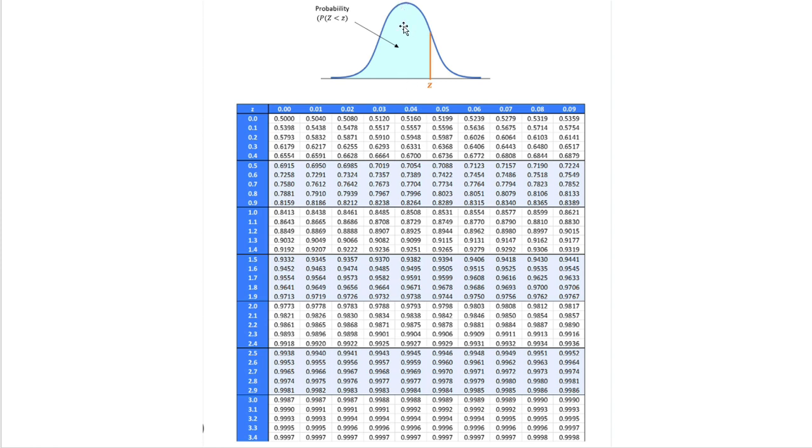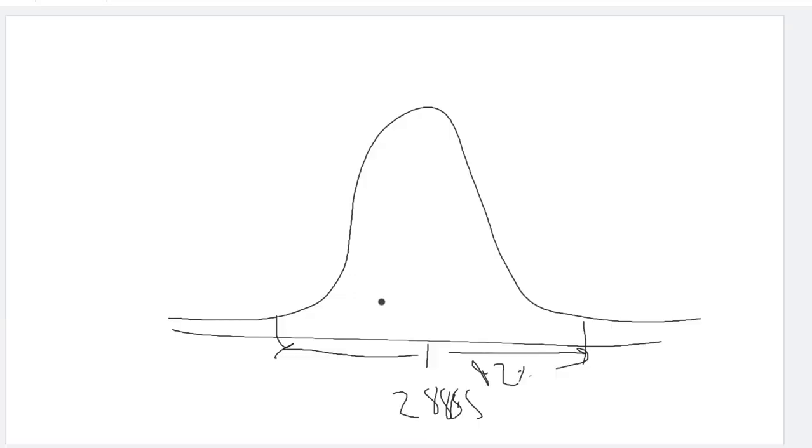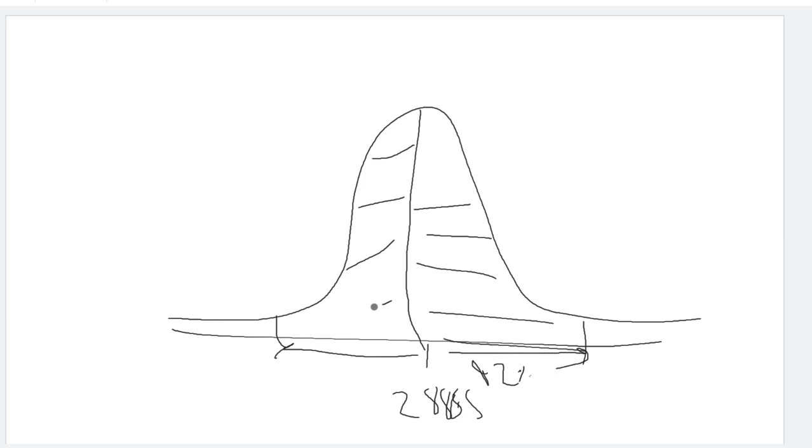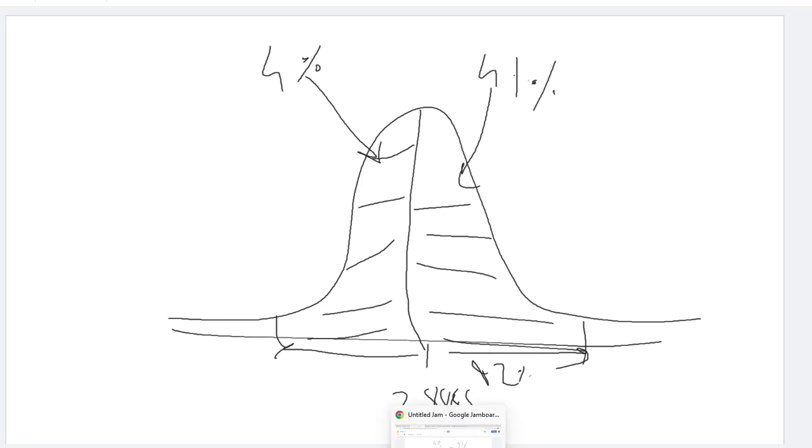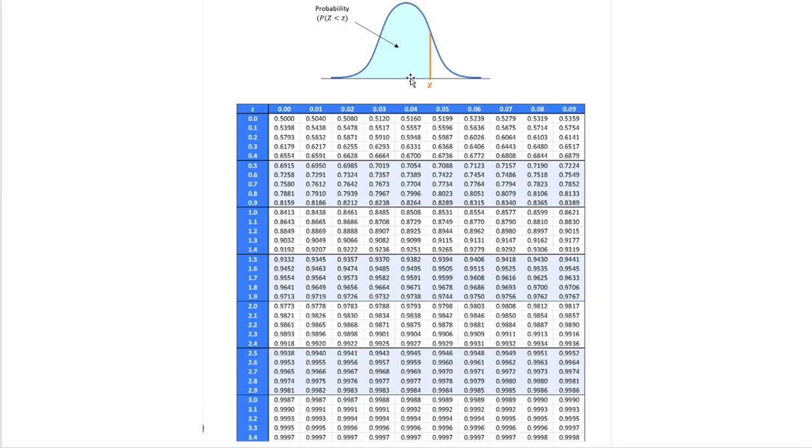So we have to remember the normal distribution is symmetrical. For a 92% interval right here, this half should be half of 92%, because that's also going to be symmetrical and equal. So this half would be 41%, and this half would also be 41%. So we can go back to our normal table. At point 0, we've already covered 50% of it.